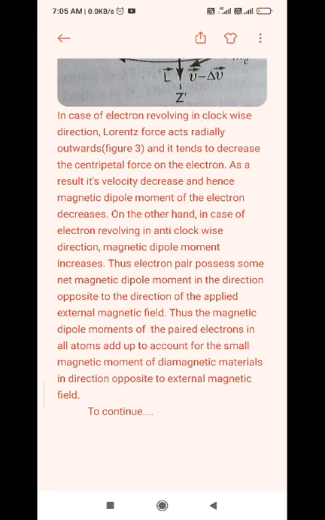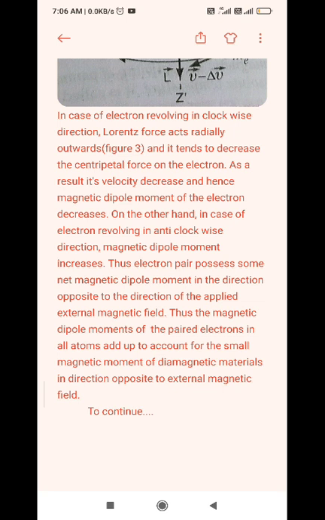Second, when they are put into the field, there is a Lorentz force acting on the electron. In case of clockwise, it is radially outward, and in anti-clockwise, it is radially inwards. In the first case, it decreases the orbital velocity, and hence the magnetic dipole moment.